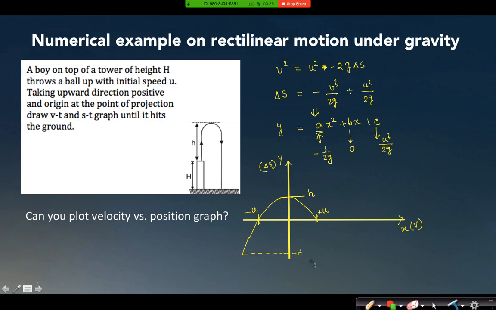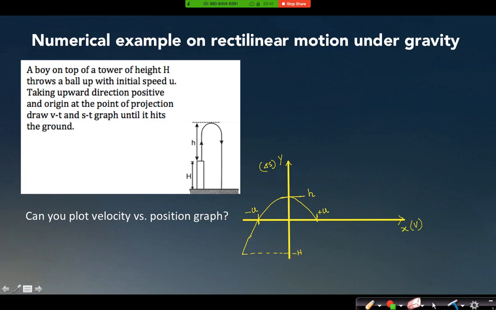Although if you have to plot v versus delta s, then you can just rotate this graph, right? If you just rotate this graph for v versus delta s, you will find the same graph. Just I will rotate it like this. If it is v versus delta s, I will take this one to be v, I will take this one to be my delta s, right?